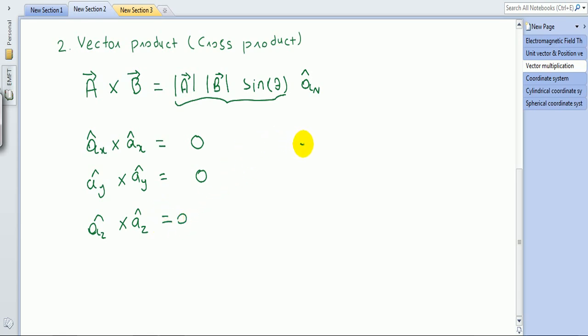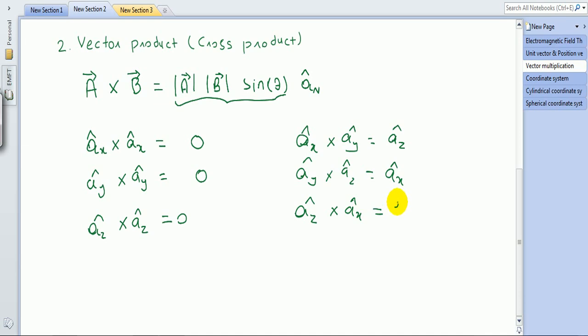Now if I do ax cap cross ay cap, it will become az cap, and ay cap cross az cap will become ax cap. Az cross ax will give ay cap.